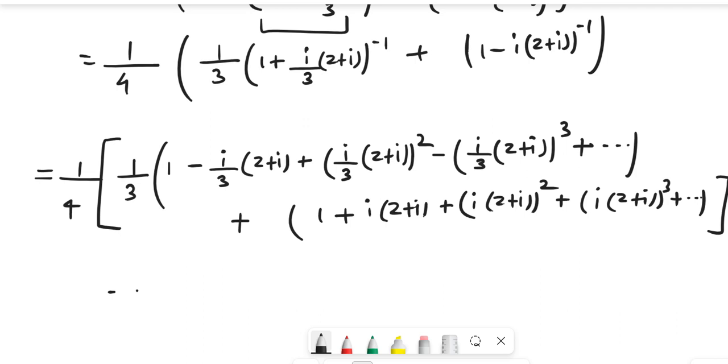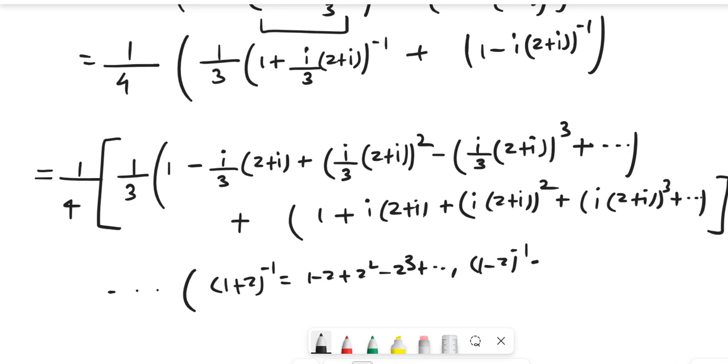We have used here our standard series: 1 plus z inverse is 1 minus z plus z square minus z cube plus dot dot dot, and 1 minus z inverse is 1 plus z plus z square plus z cube plus dot dot dot, defined for all z with mod of z less than 1.